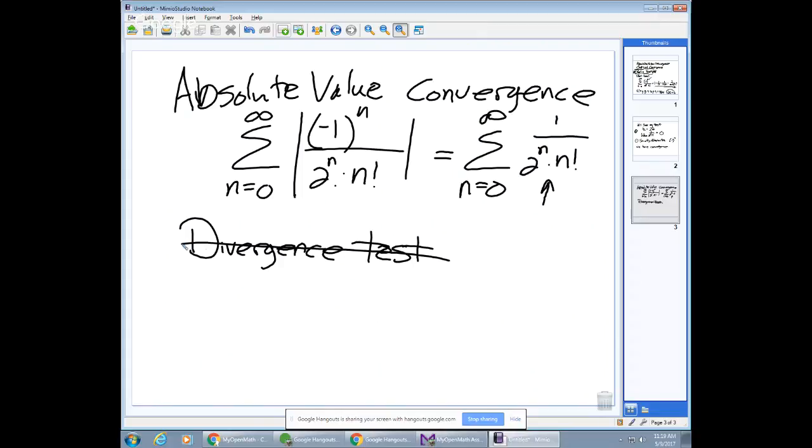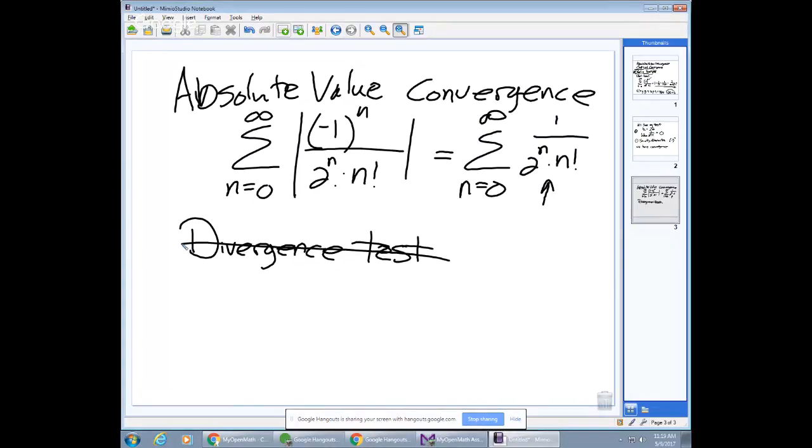All right, what else do we have on our side here? We have our comparison tests, right? We have the direct comparison, the limit comparison. Have we ever seen anything with an n factorial in it before? No, so it's hard to find something similar to this. But let's think for a minute about a comparison.